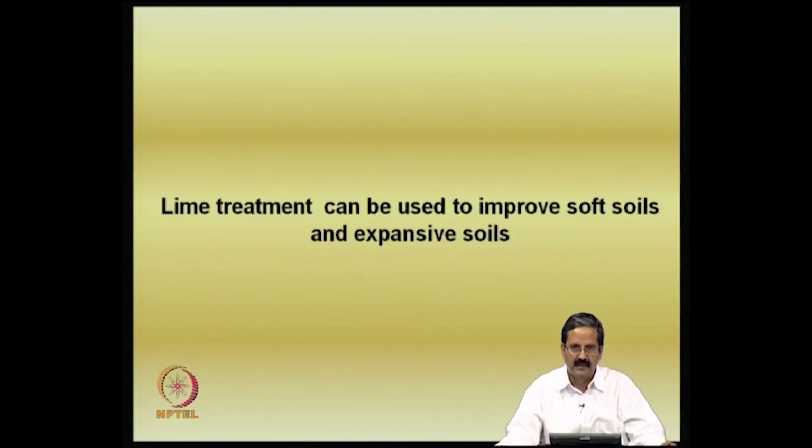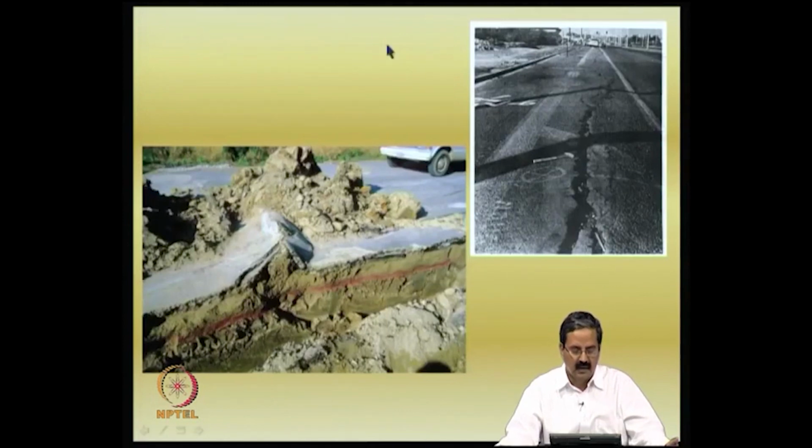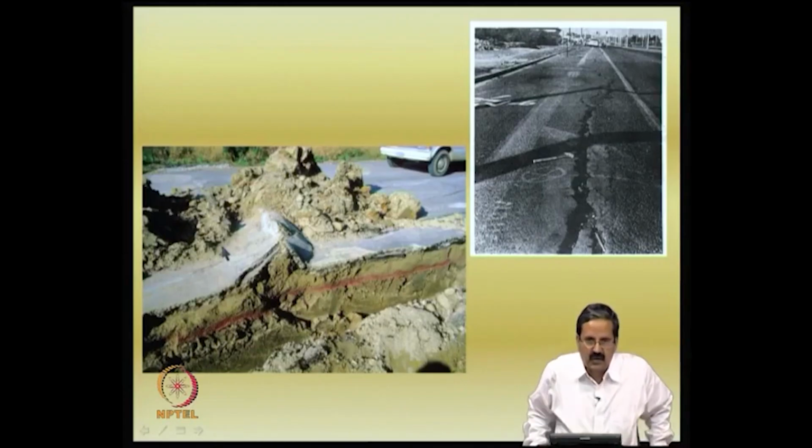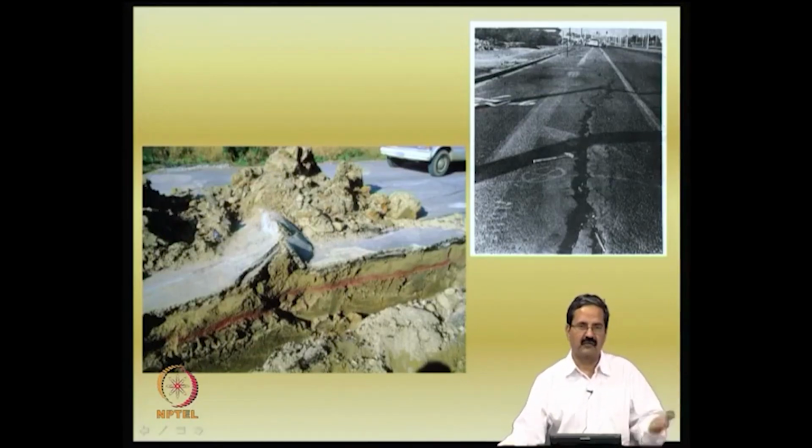For example, lime can be used for pavements, and lime columns could be used for improvement of bearing capacity. These are some typical failures that one can see. You can see very clearly a heave of the pavement, because when the expansive soil is subjected to alternate wetting and drying, there are some places where there could be more changes than the rest.